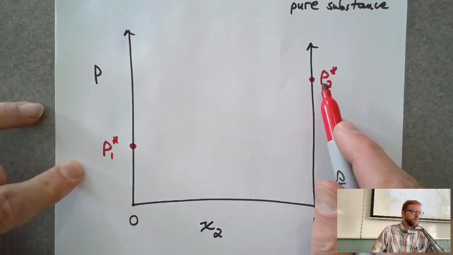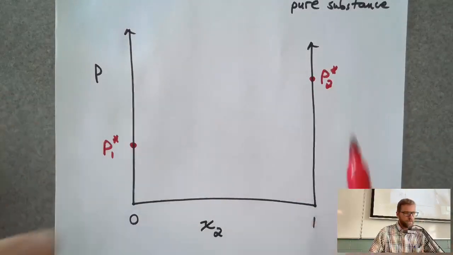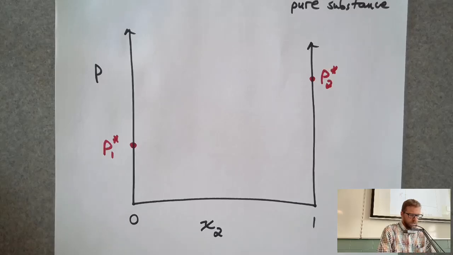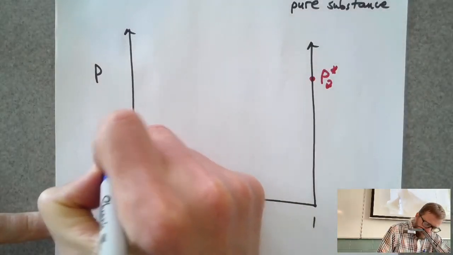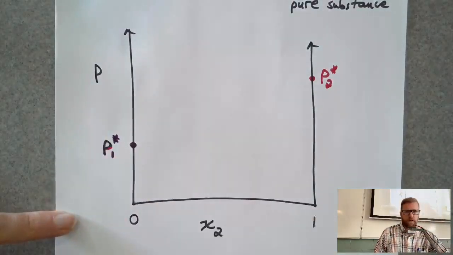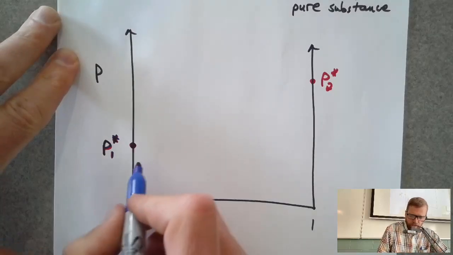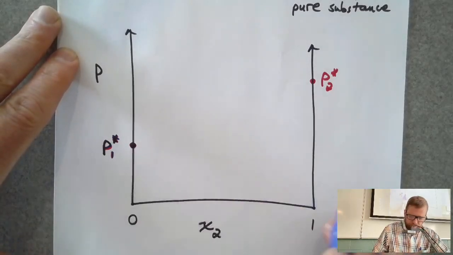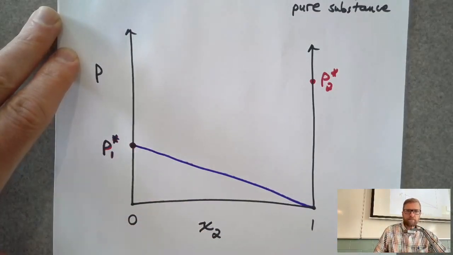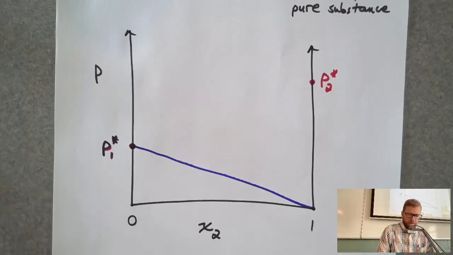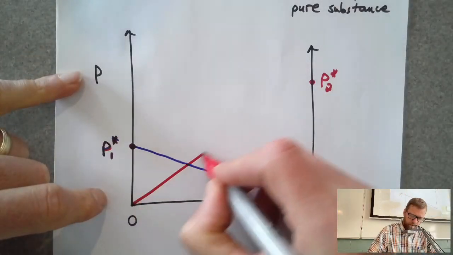And the pressure for P2, maybe I should do these in different colors. Let's make this one blue. Kind of looks black now. All right, so this one, following Raoult's law, looks like that. This one, following Raoult's law, looks like this.